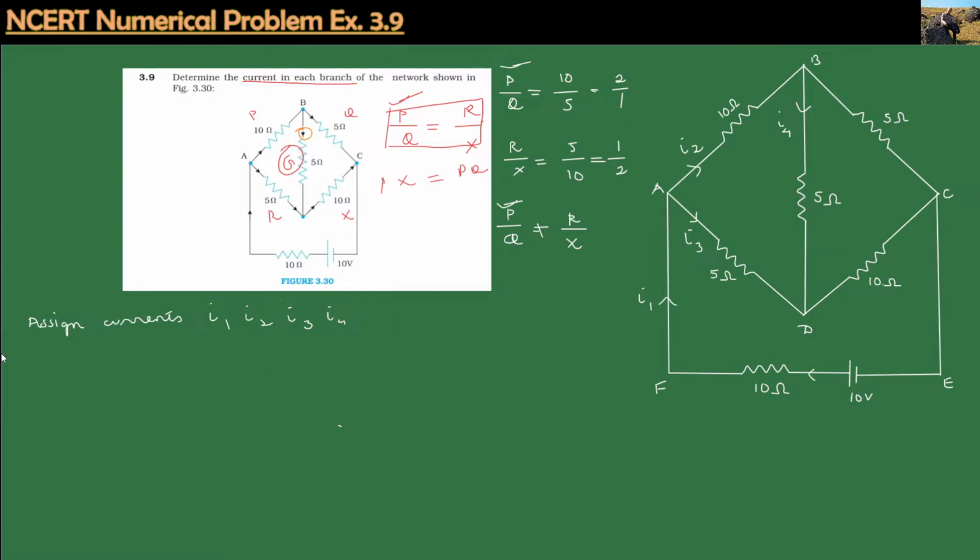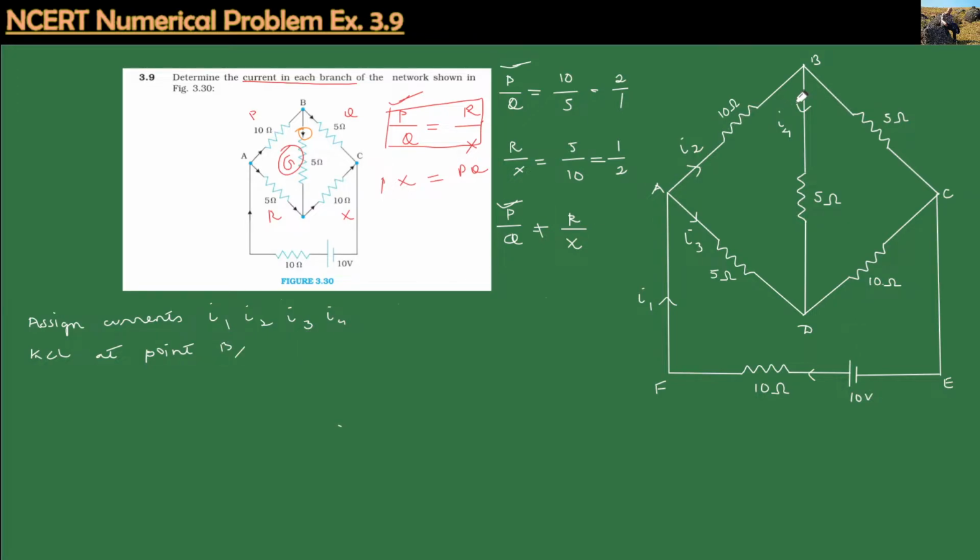Then next we will apply KCL, Kirchhoff's current law, at junction point B.